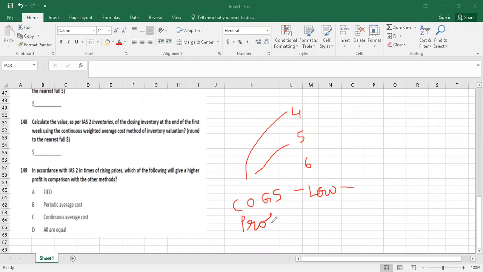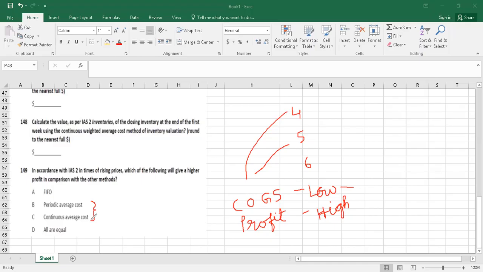So advisable is, instead of following FIFO, it is advised that LIFO should be followed. The question is not about which one is the best method to follow, but which one will result in higher profits in comparison with other methods. FIFO will give higher profits because average cost methods are basically focusing on taking the average price. So uniformly, it would be the same throughout that period for all the units that are issued.